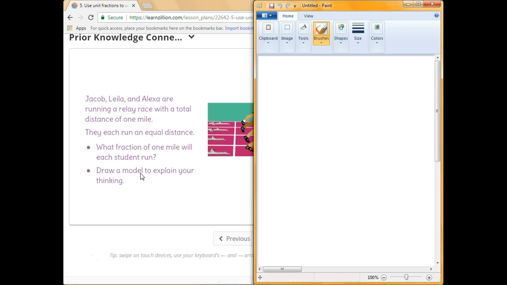and we'll see what we can come up with. So this is a track, and this is them. Drawn really badly.